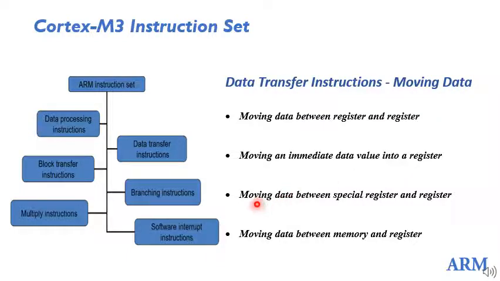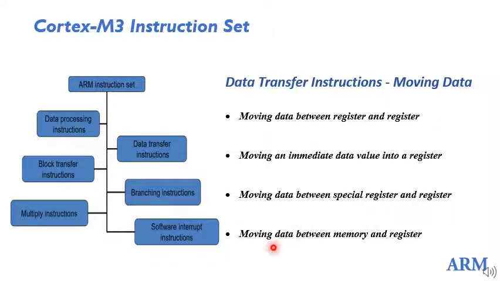Next one is moving data between special register and register. We have learnt some of the special registers when we dealt with the Cortex M3 architecture. Transferring data from a register to these special registers requires different data transfer instructions. The regular move instruction will not work here.